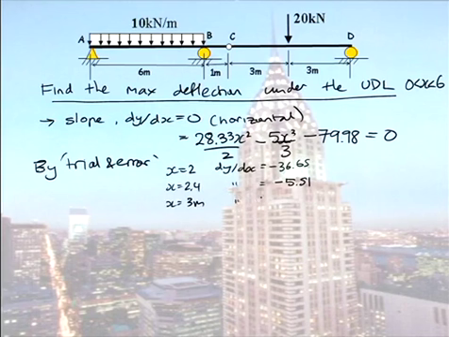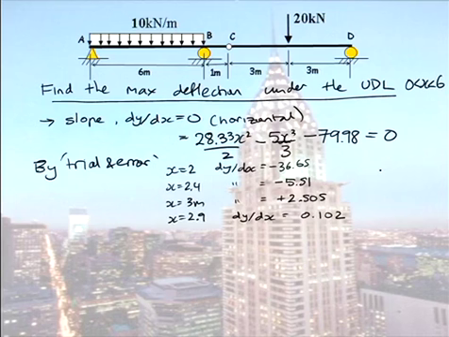And doing so, dy dx is now equal to plus 2.585. So we know we've now gone past the maximum because we've gone from a negative slope to a positive slope. So as I have shown you, it comes out pretty quickly at 2.9 metres. dy dx is equal to 0.102. Now all these values are on EI, and let's say that that is close enough.